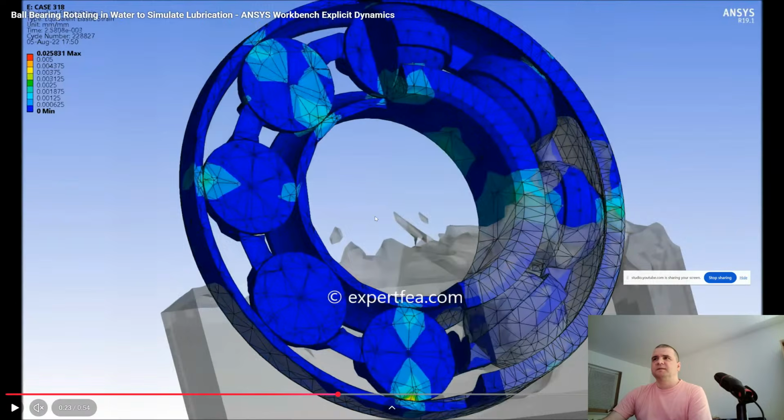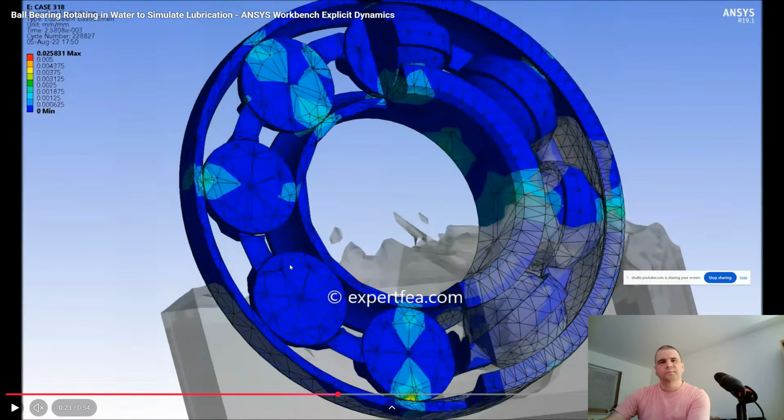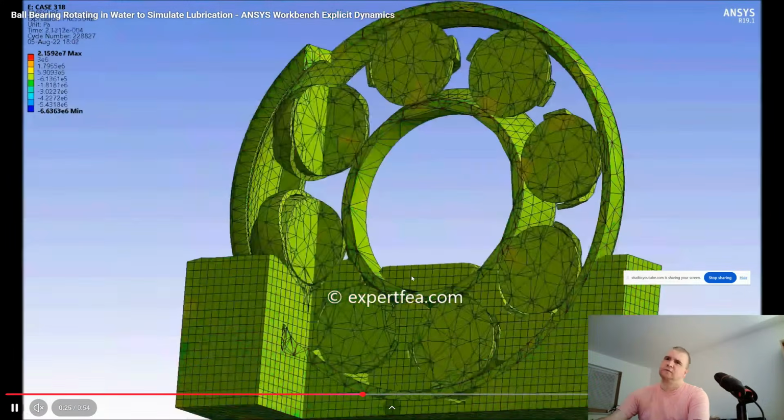In explicit dynamics, at this moment in ANSYS Workbench, and since many years ago, we cannot have heated parts being cooled by a fluid. So, for example, due to friction, we have temperature, but this temperature will not decrease because of the surrounding fluid.